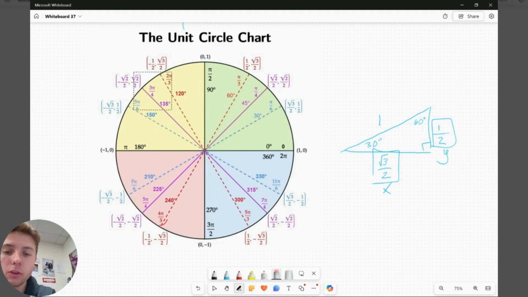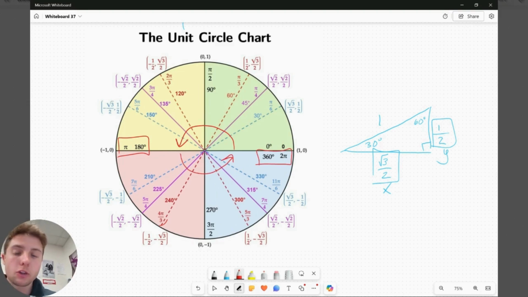We know that in the unit circle, 180 degrees is the same thing as pi. We know that 360 degrees is 2 pi. You will always be either 1 unit before or 1 unit after either pi or 2 pi.